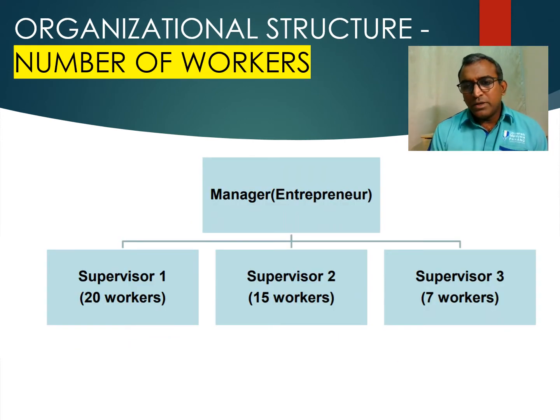This one is a bit rare, but still around. This one is manager based: one supervisor in charge of 20 workers, another 15 workers, and then seven workers. I'm not sure of any example I can give you because I'm not familiar with such a type of separation.